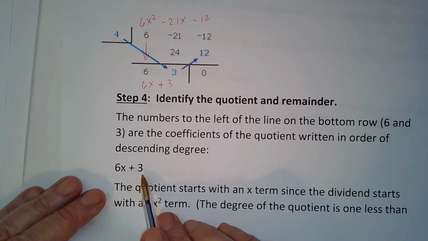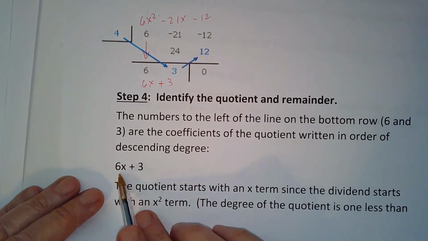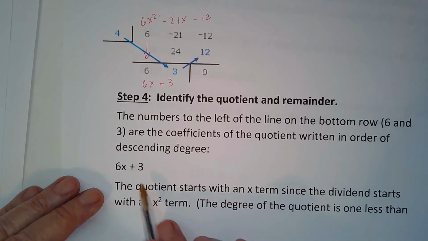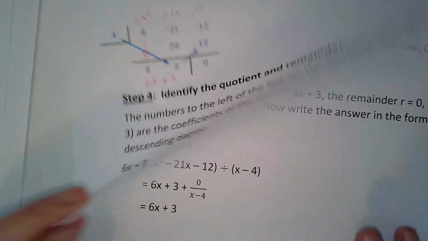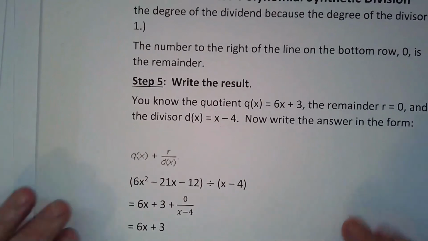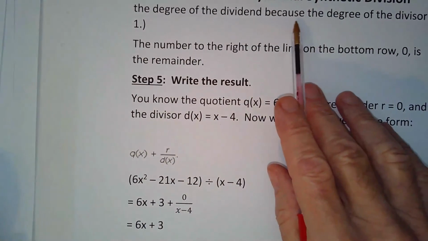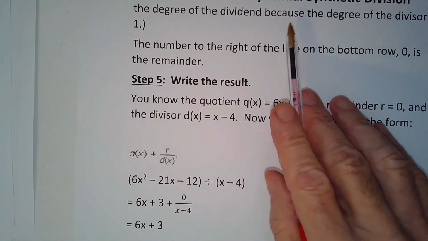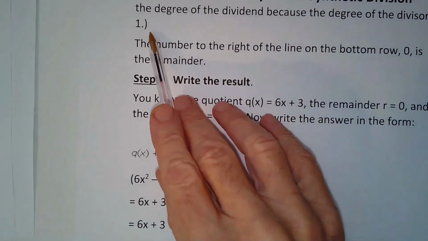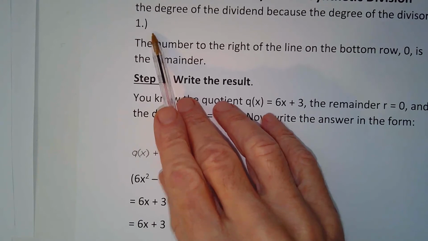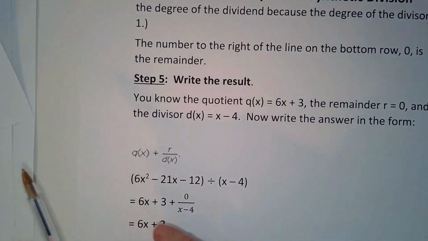It's going to be the number that does not have terms on the right. It doesn't have an x at all. So this is a linear binomial. That's what you end up with. I went on to state, just finishing the thought, that the degree of the quotient is 1 less than the degree of the dividend because the degree of the divisor is 1.